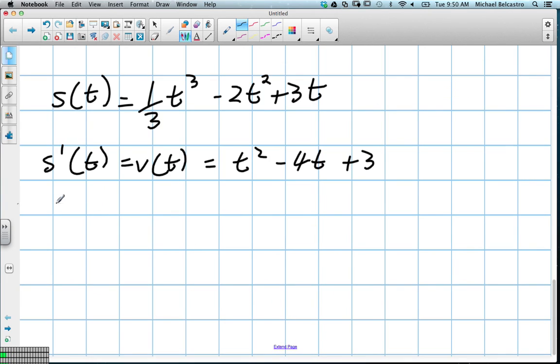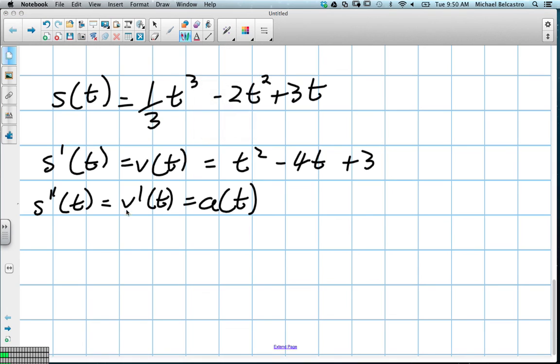And now what we're going to be looking for is the second derivative, or the derivative of velocity, which is equal to our acceleration in terms of time. Okay? So these are just denoting everything. Our original equation, we have to find the second derivative if we're looking for the acceleration. If I have the velocity equation, I only need to find the first derivative of velocity to be equal to acceleration. So we're going to derive this function again.